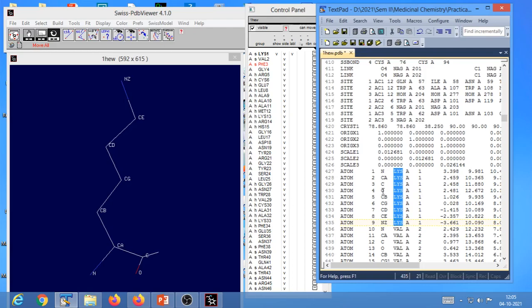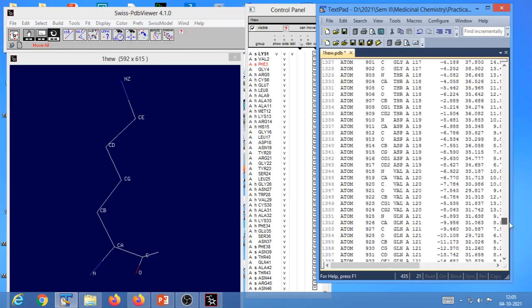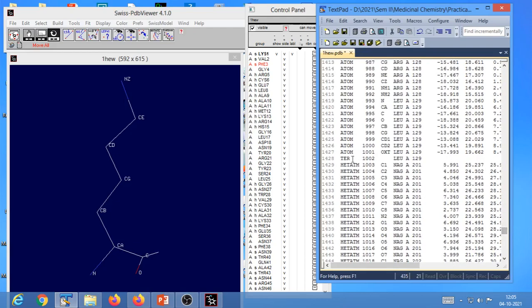So this N corresponds to the N terminus of your protein, and the last atom of your protein is the terminal oxygen, or what we call OXT. So in this way you represent your protein molecule from N terminus to C terminus.